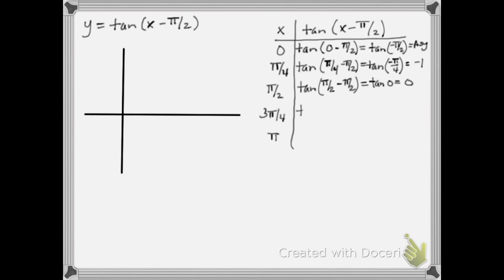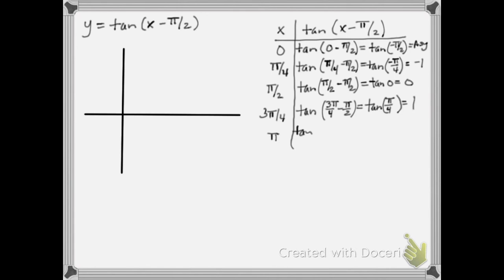Then we have the tan of 3 pi over 4 minus pi over 2, and that is the tan of pi over 4, because 3 pi over 4 minus pi over 2 is pi over 4. Remember, pi over 4 is 45 degrees, so the tan of 45 degrees is equal to 1.